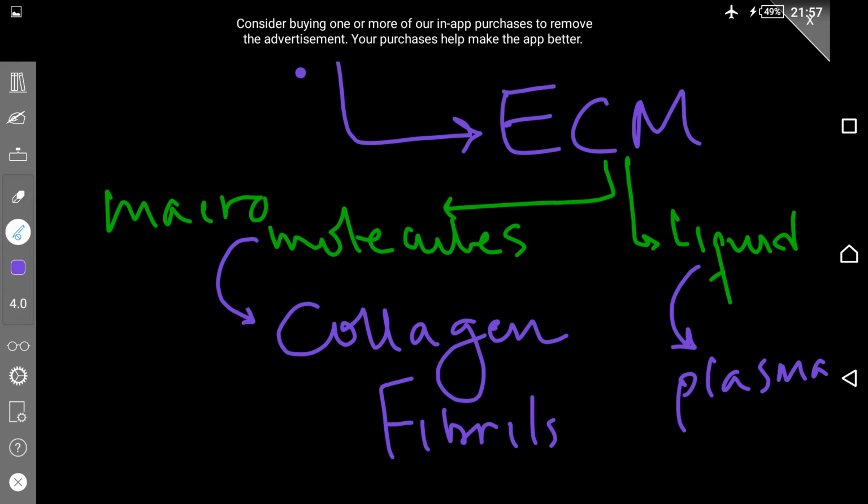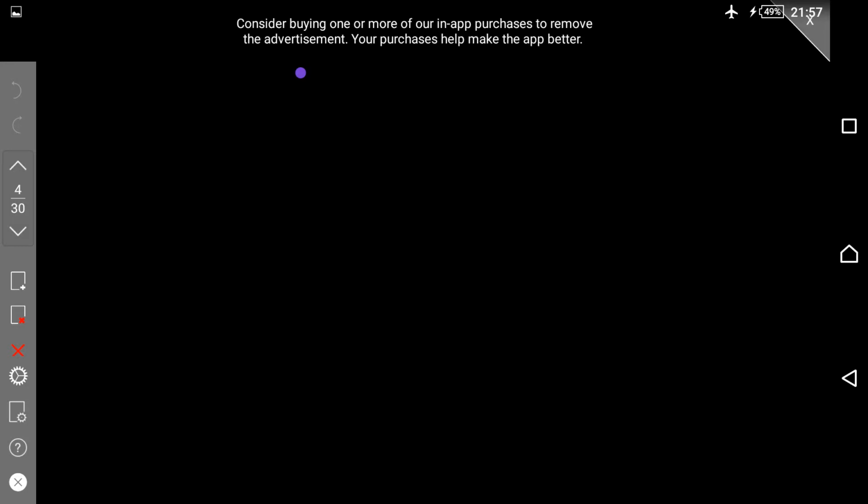It has the same constitution as the plasma of the blood, and it is seen by visualization the same as the plasma. Having said that, we'll move on and see what next we have in line.